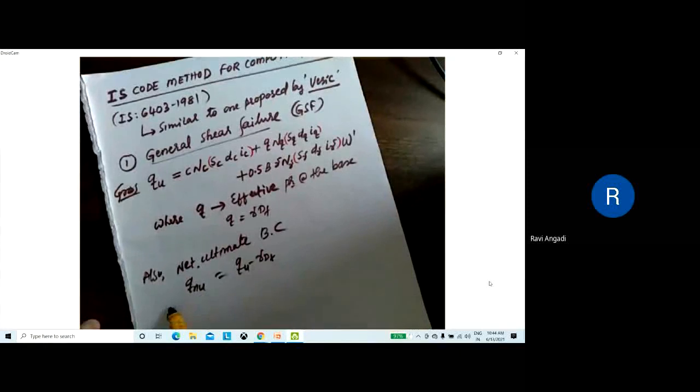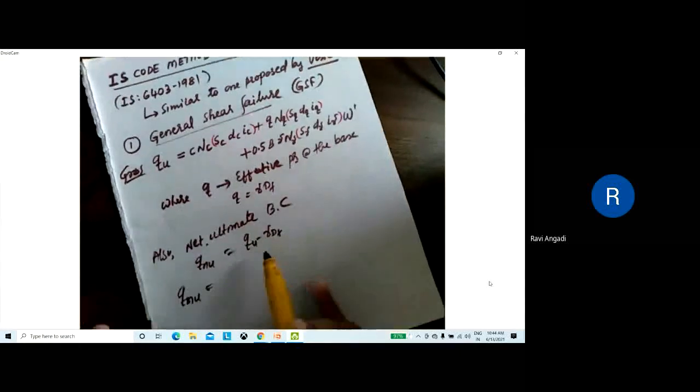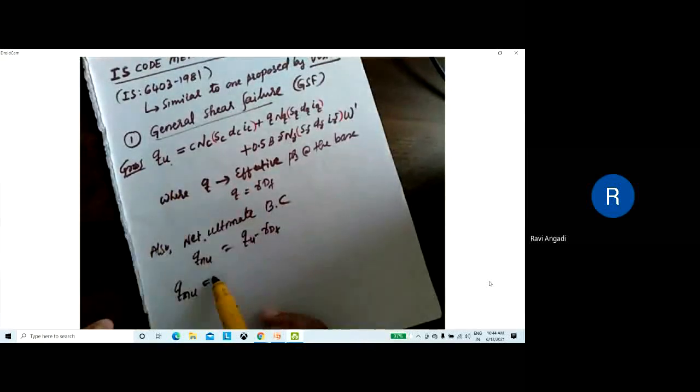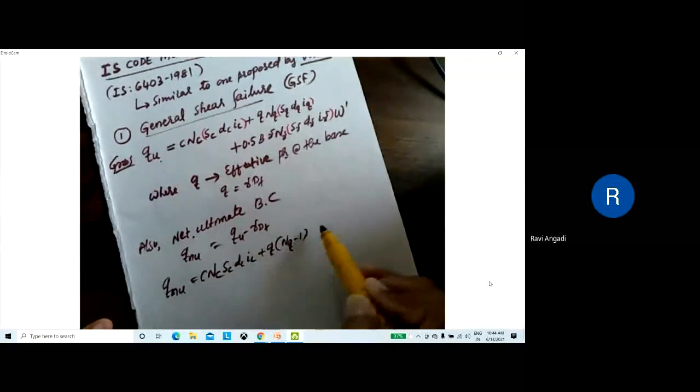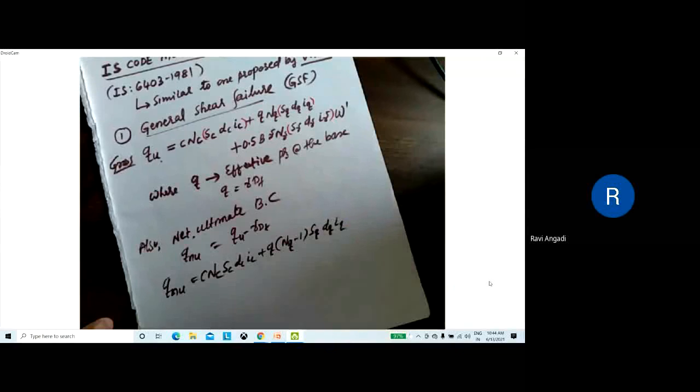If I substitute the value of Qu here, what do I get? c Nc Sc Dc Ic, then plus q (Nq minus 1) Sq Dq Iq, plus 0.5 B gamma N gamma S gamma D gamma I gamma W dash.